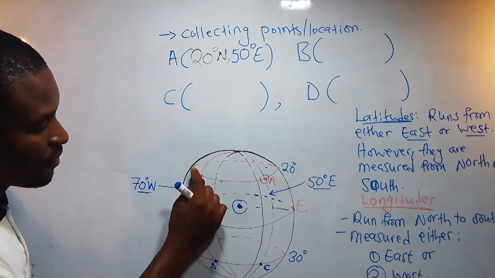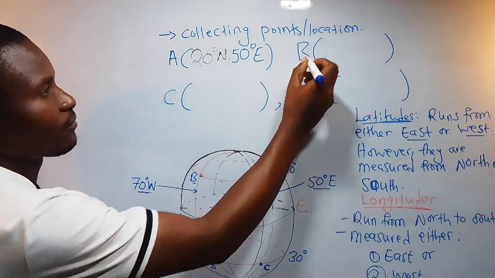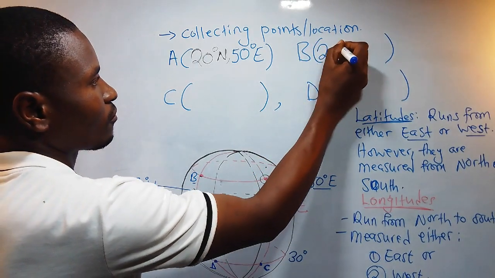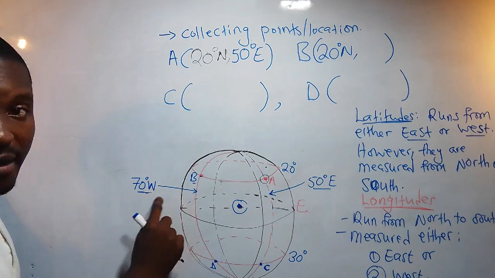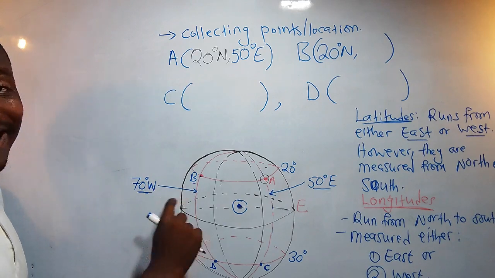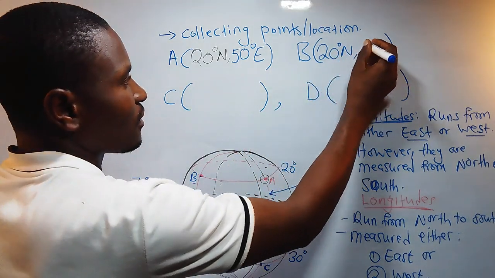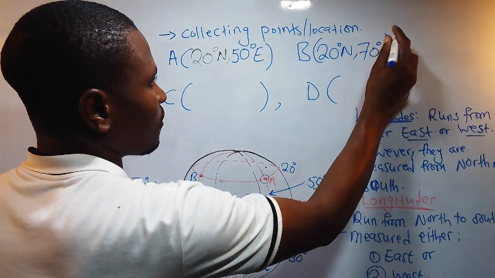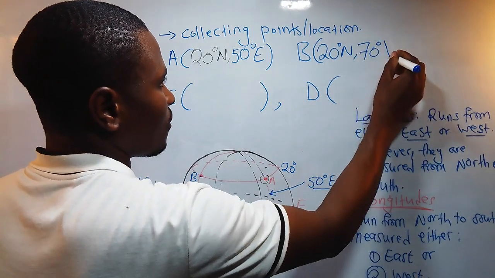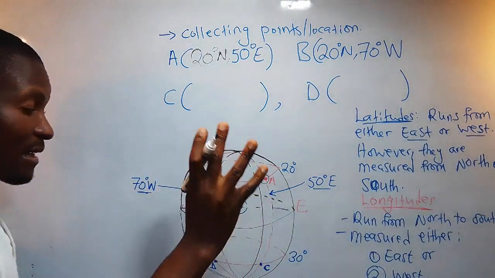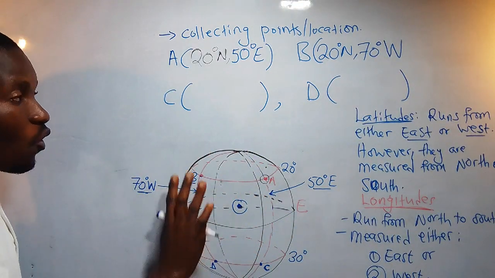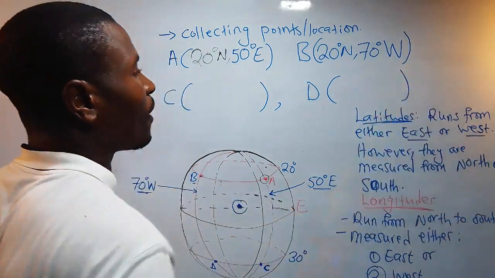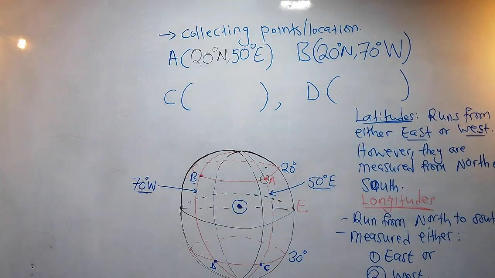So B has a longitude of 70 degrees. That's our point on B, or rather the location.